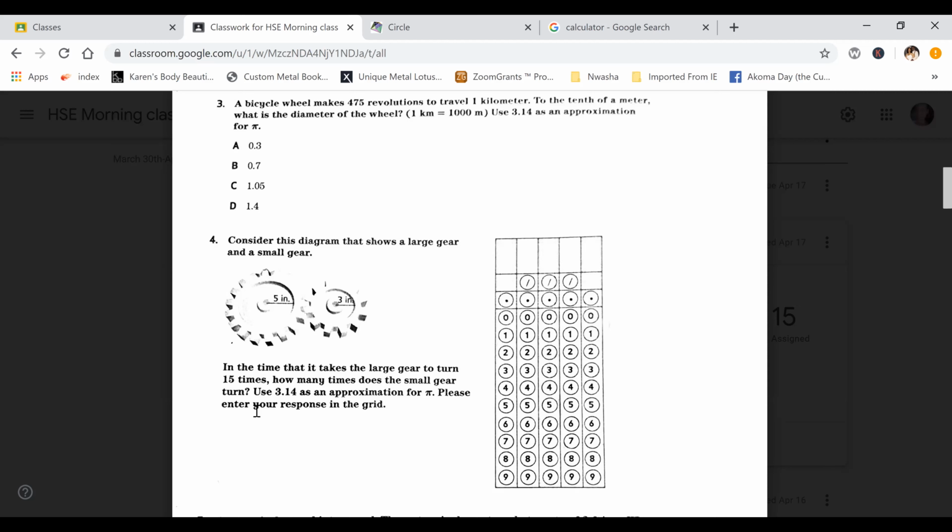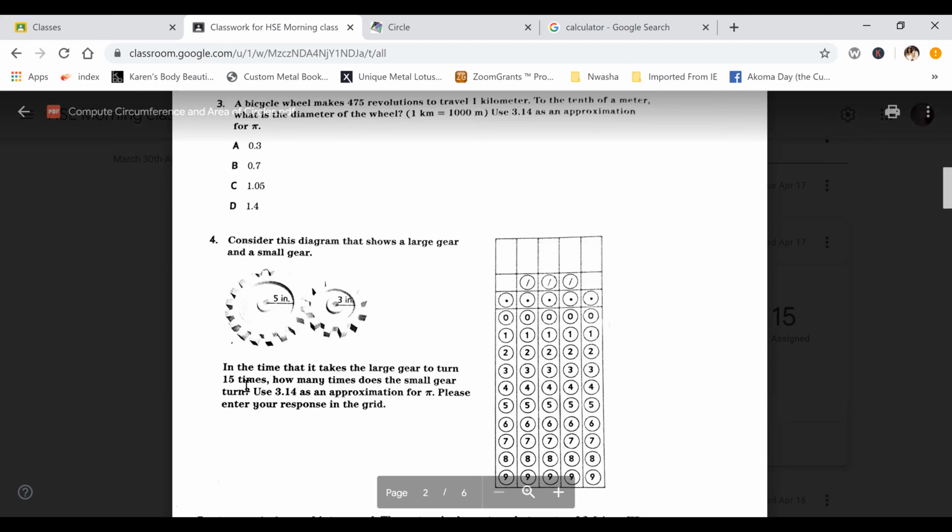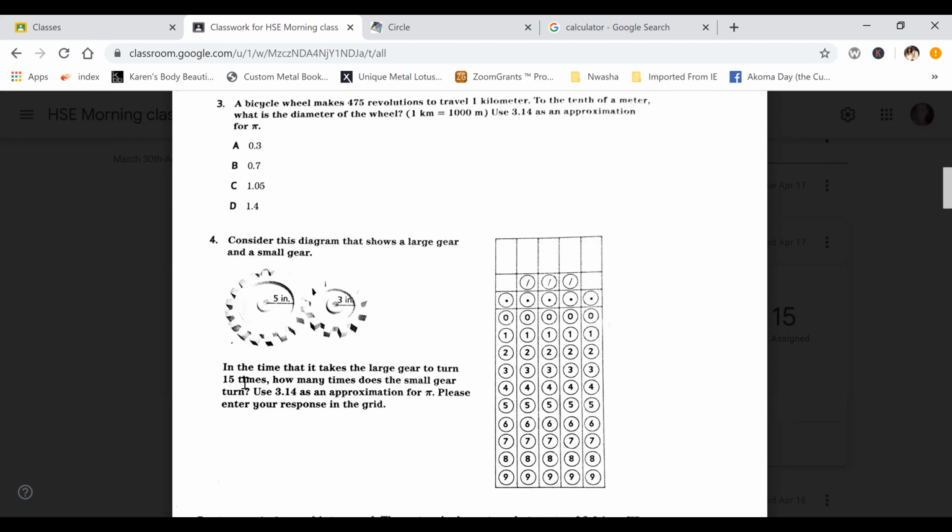So you're going to do 3.14 times 10 to get 1 spin, times 15 to get the 15 times they're talking about in the word problem. So that is like 2 steps. Then you do have to figure out the circumference of the small gear, which is the 18.84. So that's another step. And then you have to divide the small one into the total of the large one. So what you're going to write on the grid is 25 times.